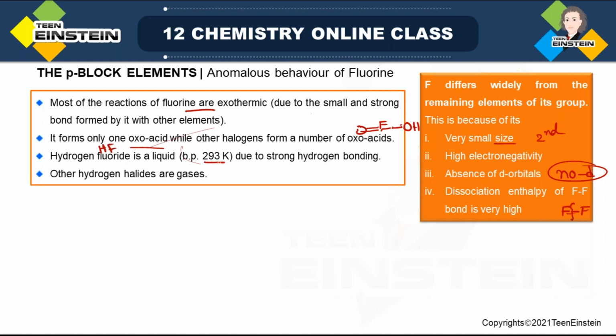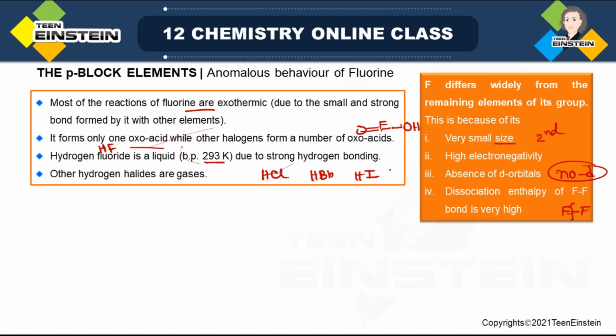Boiling point, see, 293 Kelvin. And the reason is it is having strong hydrogen bonding. But other hydrogen halides, that is HCl, HBr, HI, all are gaseous. Now, if you are thinking that you have seen HCl in liquid form, that is actually the gaseous form that is dissolved in water. But actually, they are gaseous in nature.